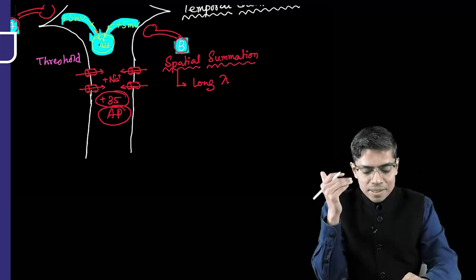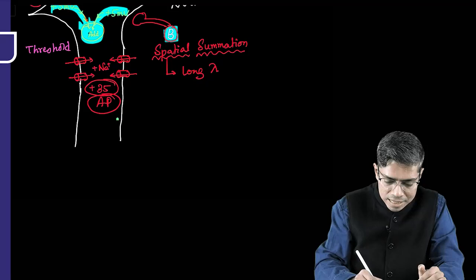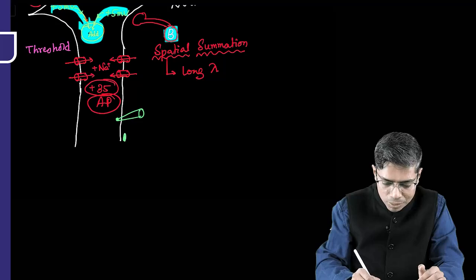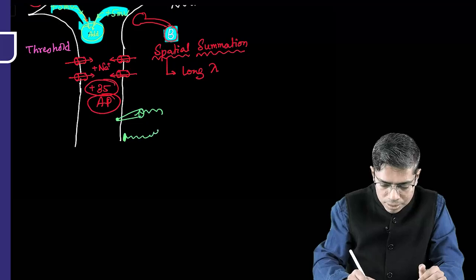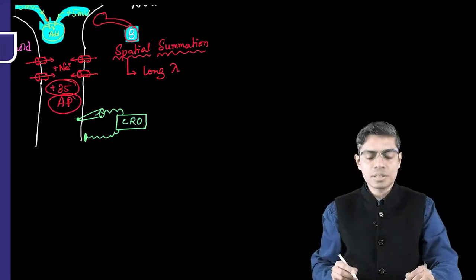What I mean to say is, suppose you have connected one electrode inside this cell and one electrode outside this cell, and in between these two electrodes a recording screen is attached, suppose this recording screen is a cathode ray oscilloscope.